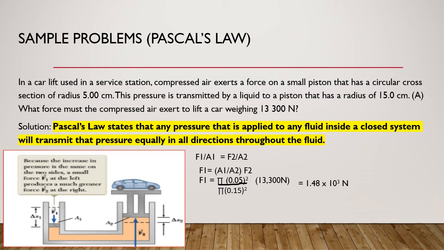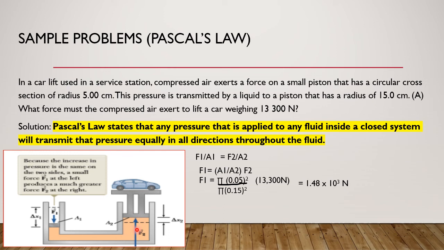Yung mga kahit yung mga mechanical jack natin, ang Pascal's law states that any pressure that is applied to any fluid inside a closed system will transmit the pressure equally in all directions to the fluid. Halimbawa daw po ito yung closed system, ano? Kapag nag-apply ka ng pressure dito, F1, sa area na A1, matatransmit daw yun doon sa fluid na yun at iaangat niya naman itong kabila.